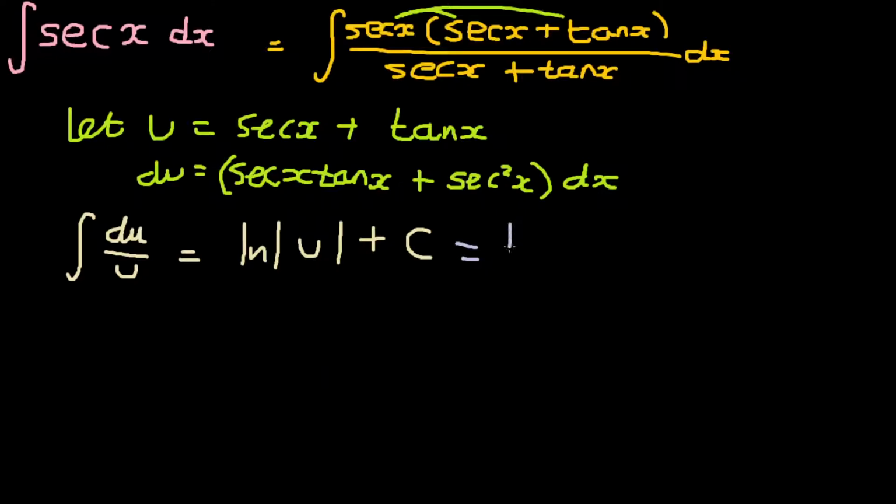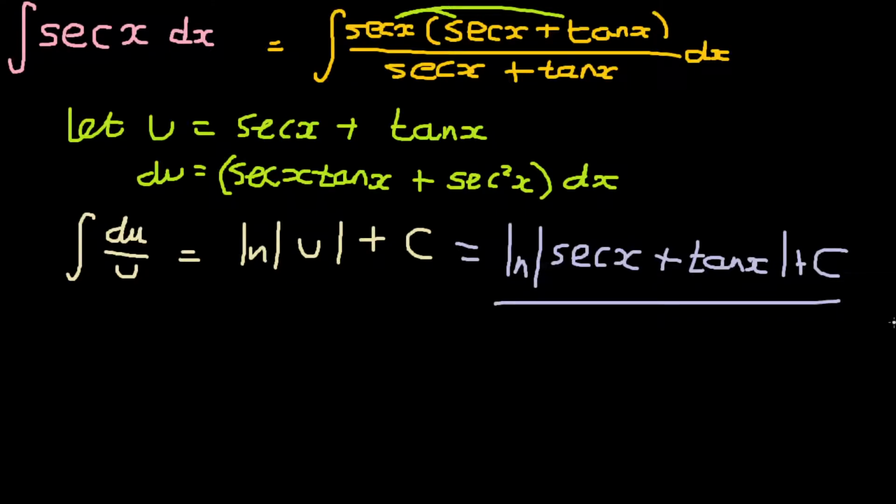This obviously simplifies down to the natural log of secant x plus the tangent of x plus the constant of integration. Here's our answer. Like I said, this is definitely the easiest way. It's not my favourite way, we'll get onto that in a second.